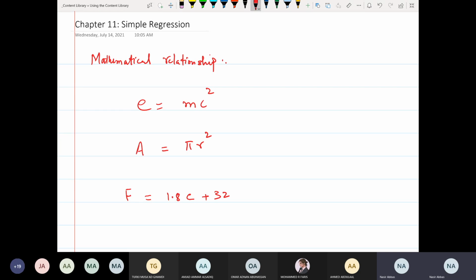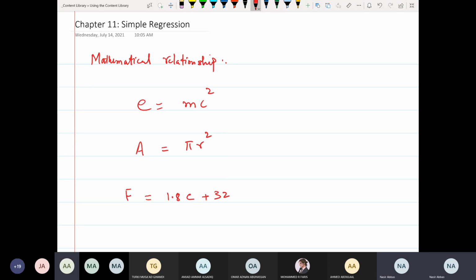In the one above, you can see three variables. There is E, there is M, there is C. Is E a variable? Is that a variable E or is it 2.718? Not a variable, it is a value. Okay, so there are again two variables in the first equation.